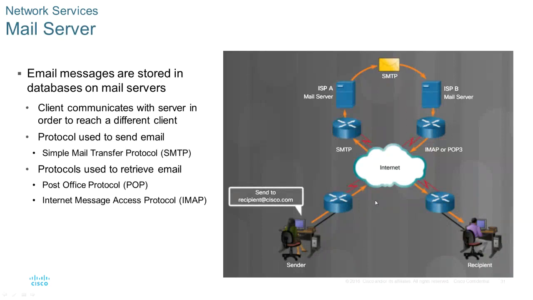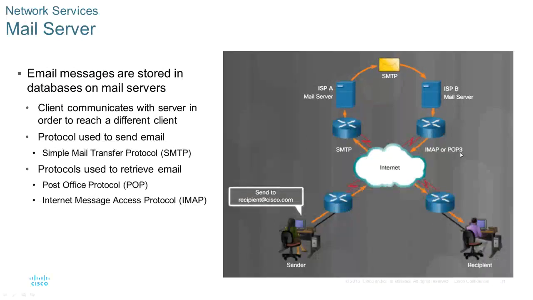When you send a message off, you use SMTP until it gets to the final mail server, the recipient's mail server. From the source to the recipient is SMTP. Then the recipient chooses what protocol to talk to their server with, IMAP or POP3.